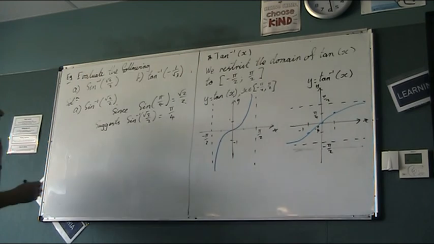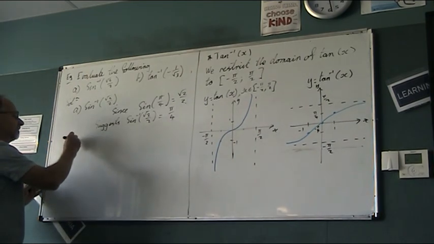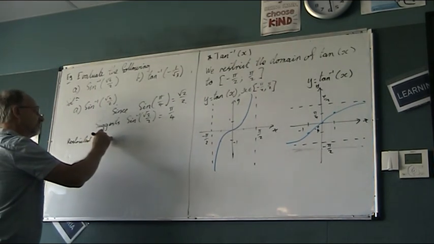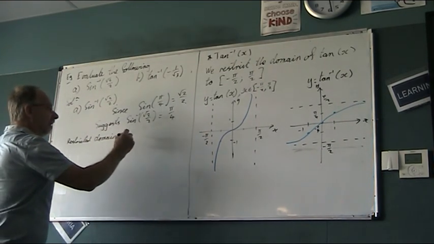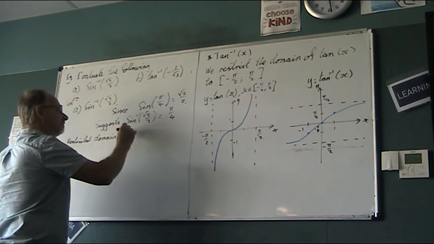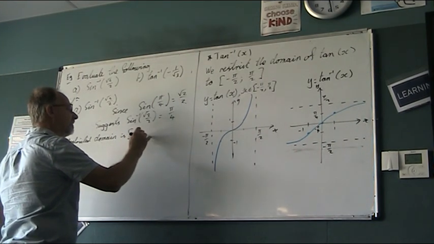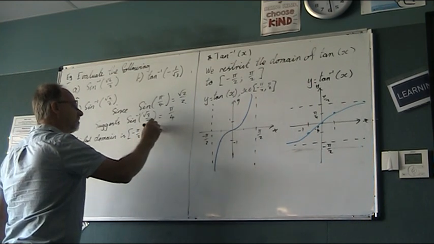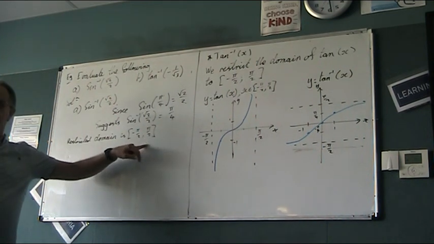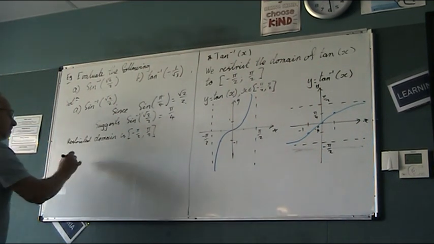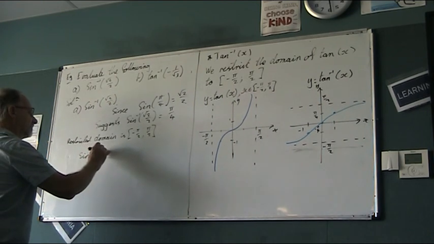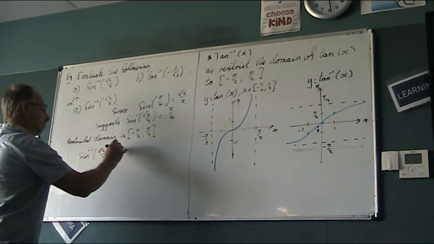All right, and so our restricted domain for sine was negative pi on 2 to pi on 2, and pi on 4 fits in that. So from that we say, okay, that sine minus 1 of root 2 on 2 is equal to pi on 4 then.